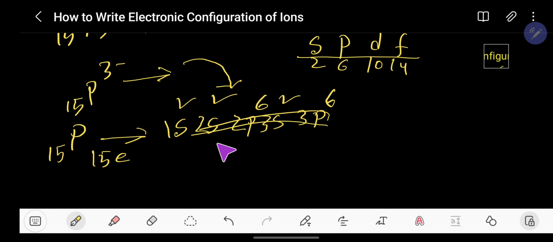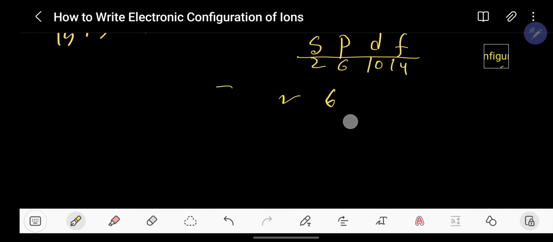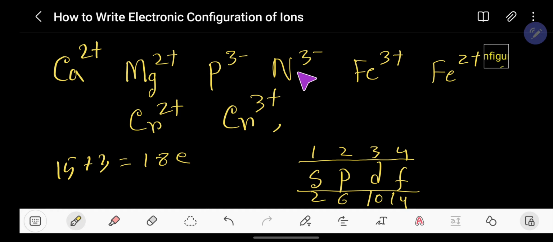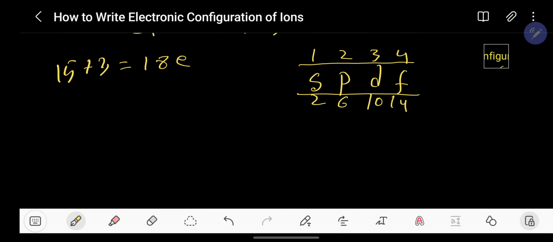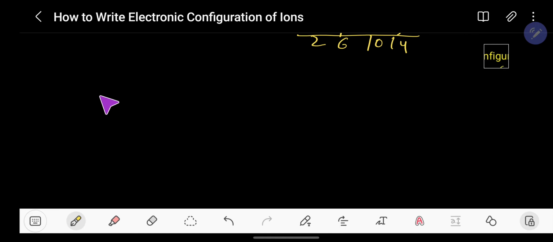Okay, now let us take another example so that you can have confidence. This example, nitride, N3-. You know that in a neutral atom of nitrogen, its atomic number is 7. This means that it has 7 electrons.